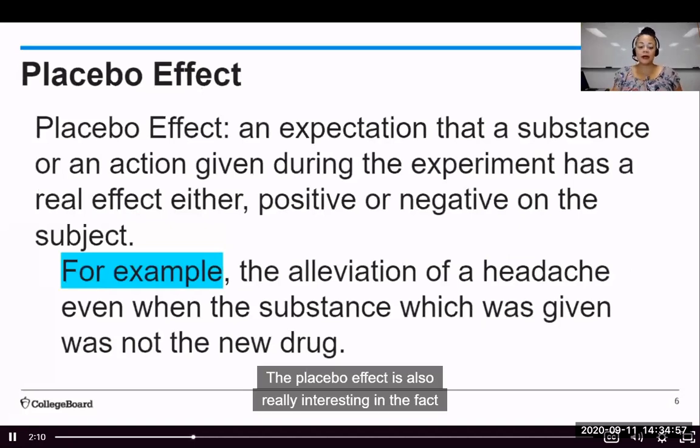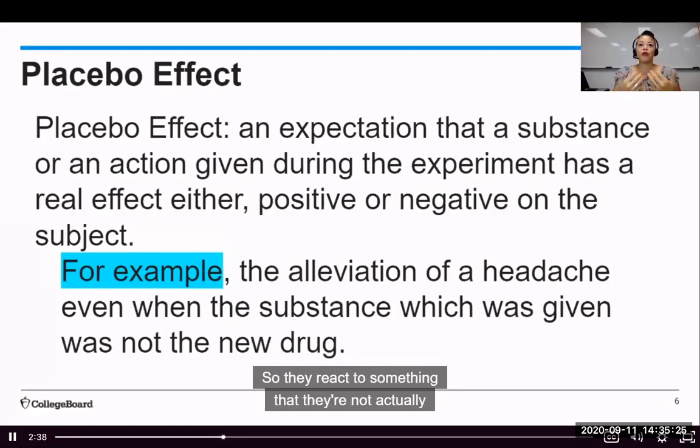The placebo effect is also really interesting in the fact that placebos are what researchers give their subjects in order to have that thing that they're going to measure. Some people are going to get the thing, the substance, the action, something given to them. But in some studies, subjects expect an outcome.